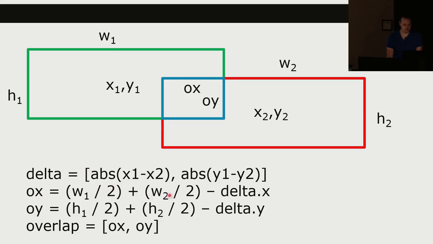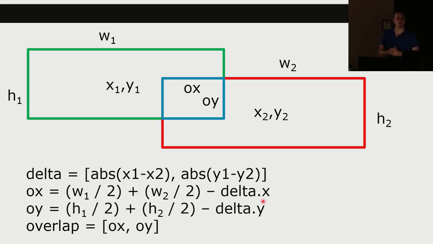You sum up the half widths, and then you subtract the distance. That is the overlap x. And then you have overlap y, which is the sum of the half heights, minus the difference in the y's. Then the overlap rectangle is going to have the size of OX, OY. And so, how will I know if there's actually a collision by looking at OX and OY?